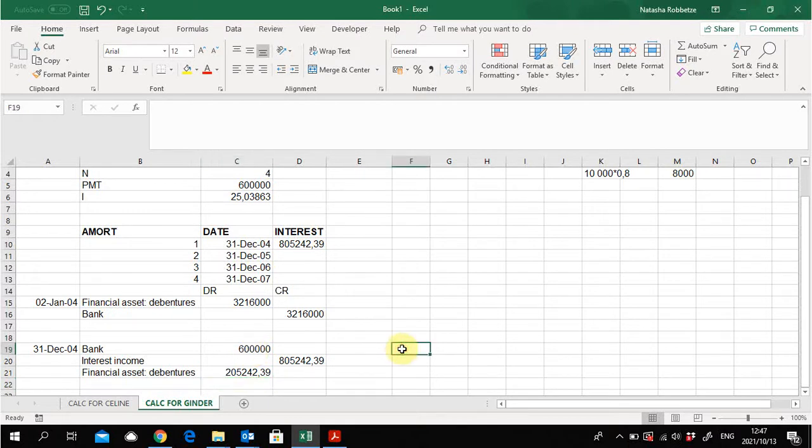Balancing figure: 205,242 and 32 cents. Right, and there we have also now done the calculation as it relates to Grindr as well.